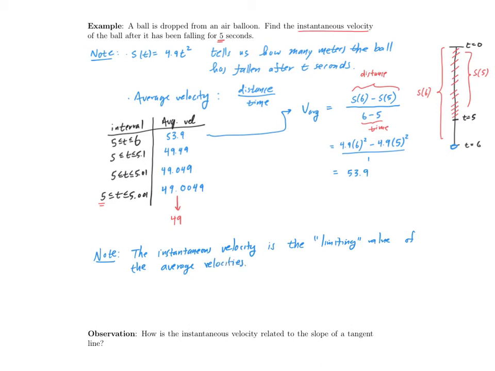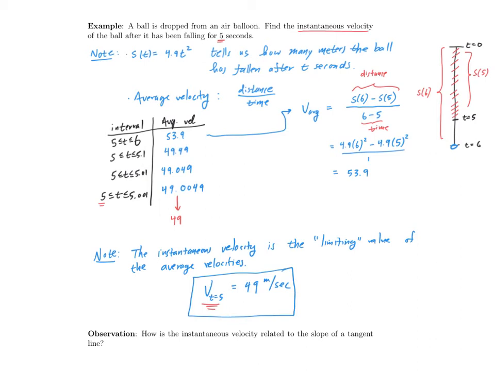And with that in mind, we'll say that the velocity at time 5, referring to the instantaneous velocity, is going to be equal to 49 meters per second.